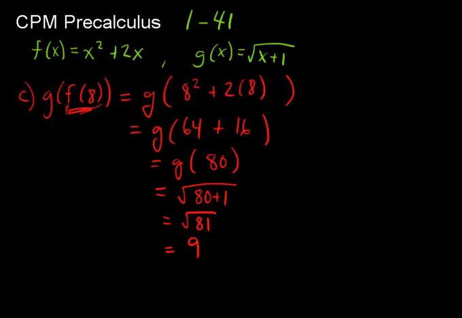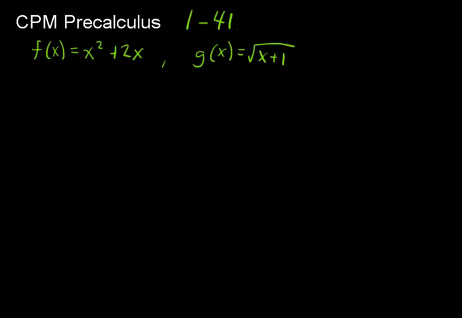You just gotta know how to follow these different steps. Let's do D. D is asking us f of f of 1. We don't even care about g for D. We don't care about g of x at all because we're just looking at the function of f twice.